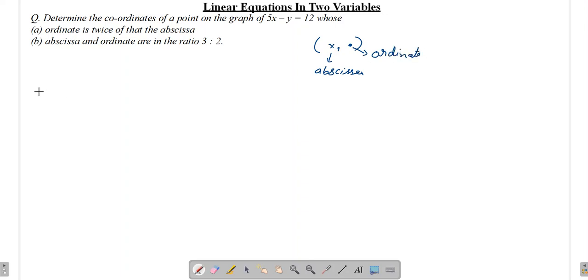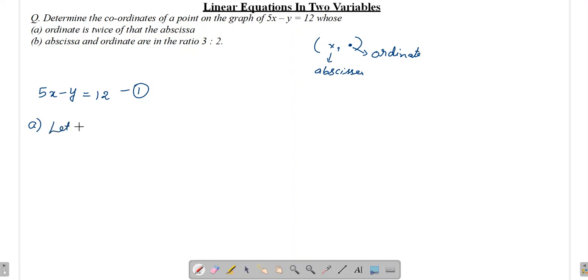The given equation is 5x minus y is equal to 12, and in the first part the question says ordinate is twice that of abscissa.